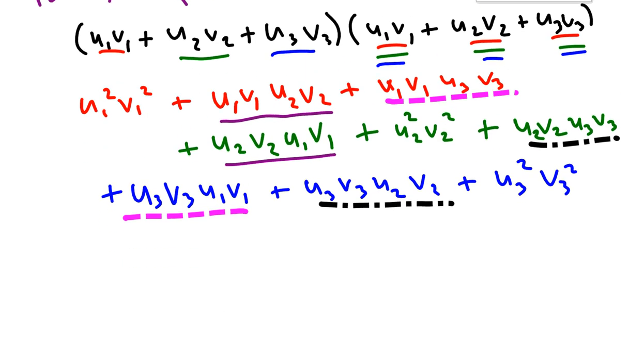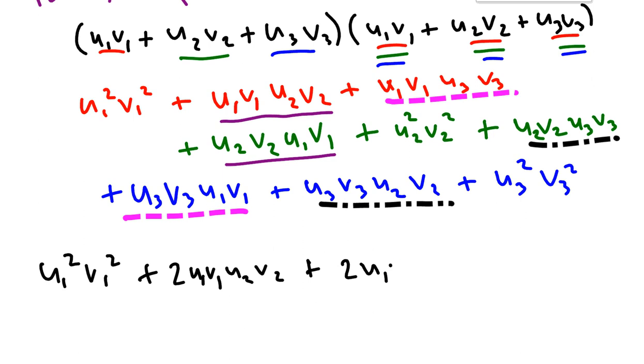to rewrite all of this, we end up with u1 squared v1 squared plus 2 u1 v1 u2 v2 plus 2 u1 v1 u3 v3 plus 2 u3 v3 u1 v1.